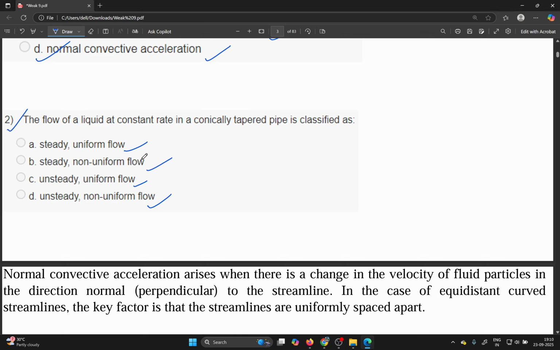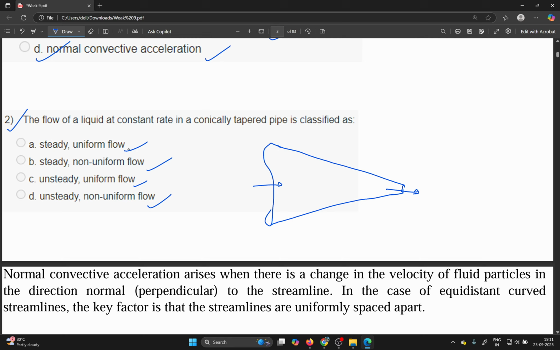Okay, so here you have the tapered pipe. Let us suppose like that. You have the pipe like that, and here water is flowing from here to here.